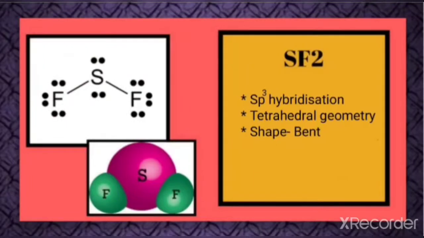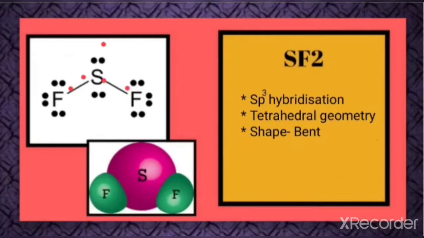Now let us talk about the molecule SF2, which is of the type EX2 of this group 16 element. The structure of this is important. When we make the Lewis structure, sulfur has 6 valence electrons. From these, 1 electron is shared with one fluorine and 1 electron is shared with the other fluorine.